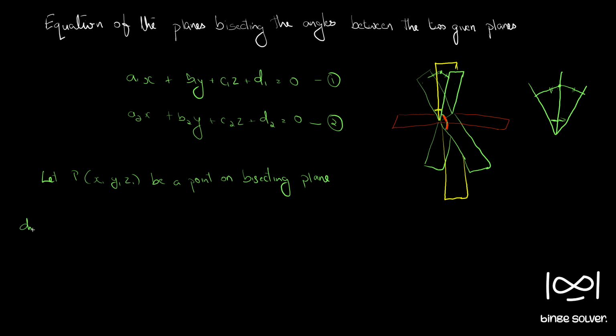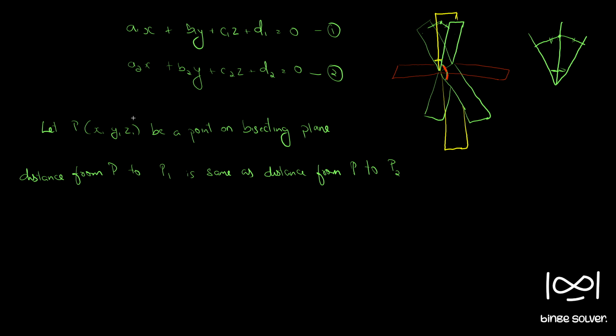The distance from P to plane 1 is the same as the distance from P to plane 2. So what is the distance formula from (x1, y1, z1) to plane 1?